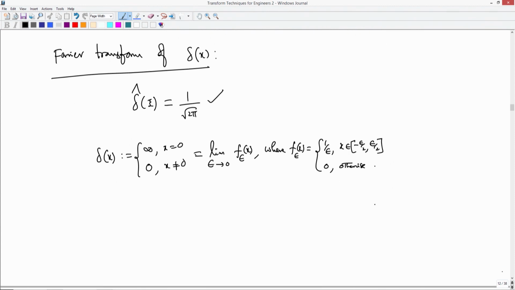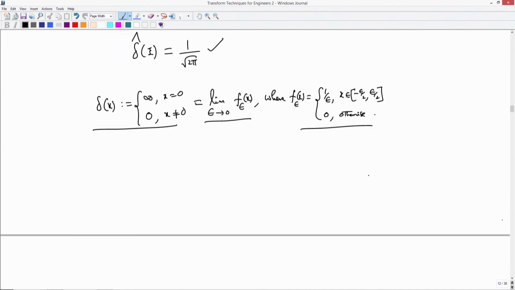The delta function is not a function, but you can think of it as a limit of the usual functions f epsilon, which are well defined piecewise smooth functions.